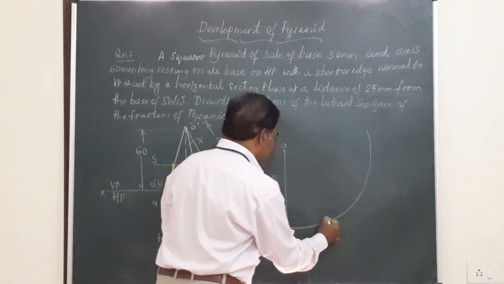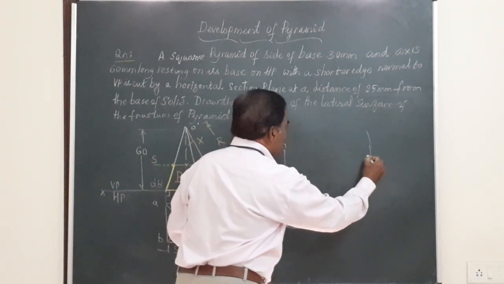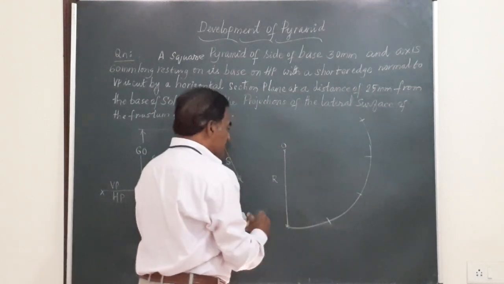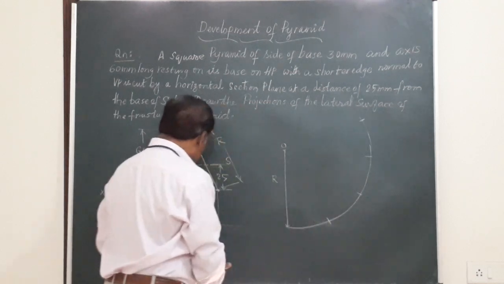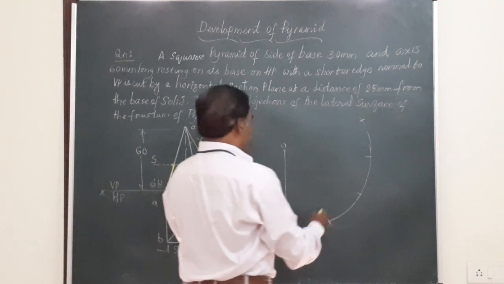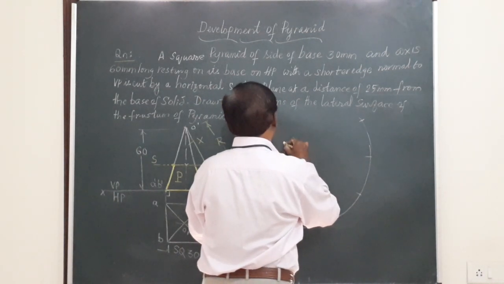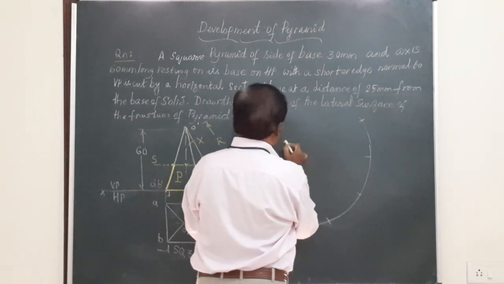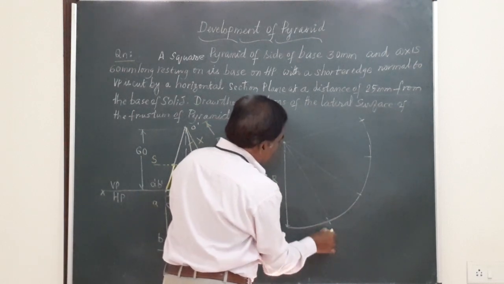So I will take 30, 30, 30, again 30. So these arcs are having radii of 30 mm. That is the edge of the bottom face. Join all these 4 points by thin lines to start with. This is 1, second, third, and this is 4.